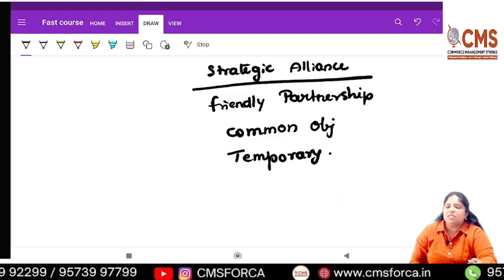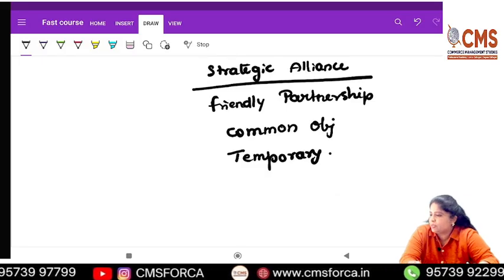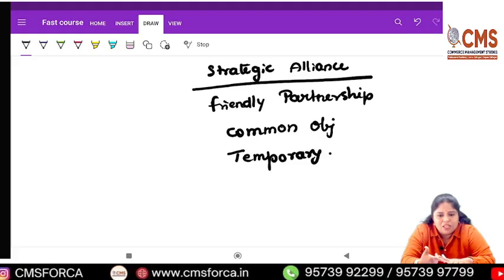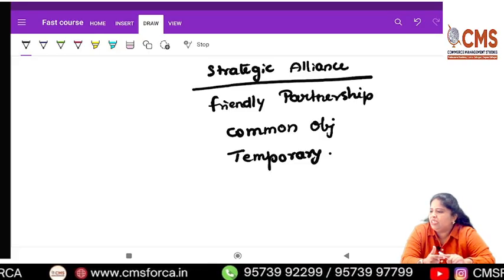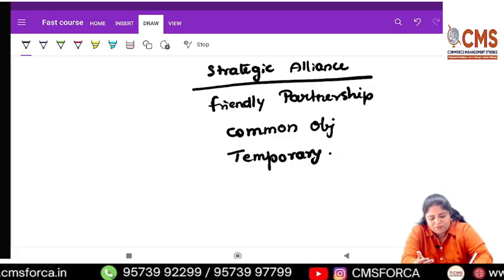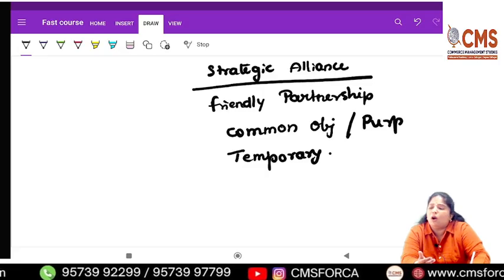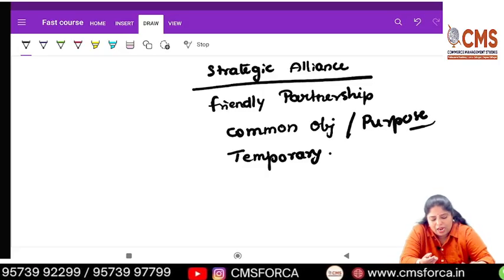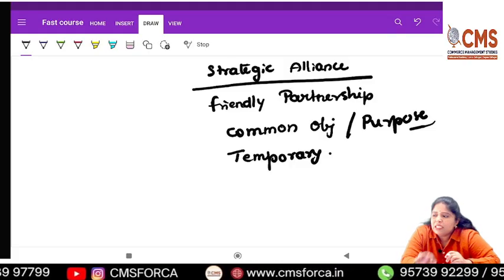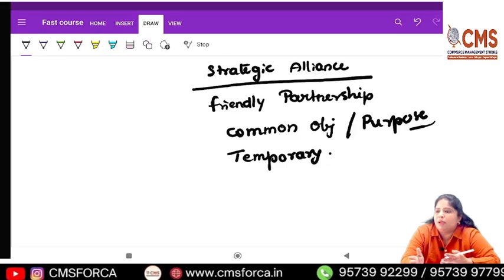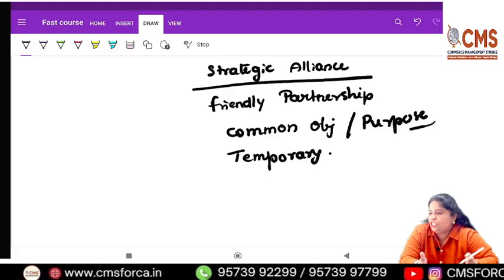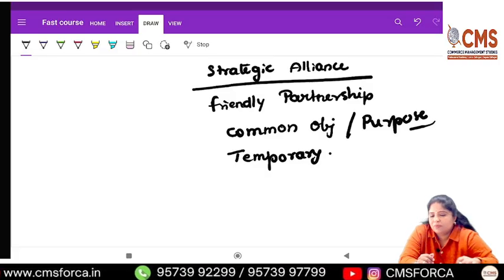Once the purpose is achieved, it no more exists. So, strategic alliances are friendly partnerships. They usually happen on friendly terms between business entities who share common objectives, or a common purpose. And usually they are temporary. As I repeat again, these are not for a permanent cause. These are only till the time the purpose is achieved. Are we good with this?